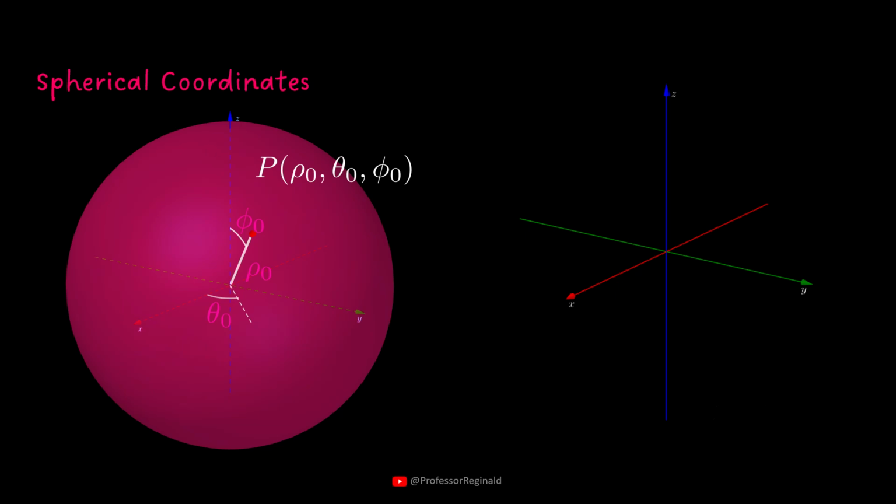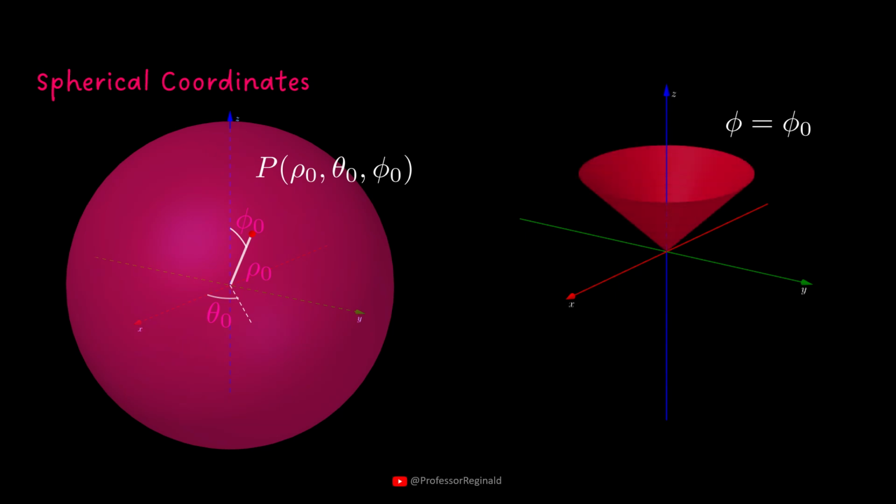The graph of theta equals a constant theta0 is a half-plane that starts at the z-axis, and makes an angle of theta0 with the positive x-axis. The graph of phi equals a constant phi0 is a right circular cone with vertex at the origin, whose surface makes an angle of phi0 with the positive z-axis.